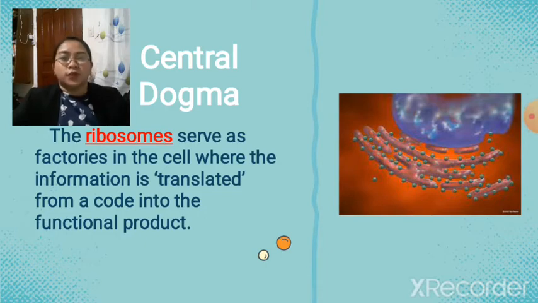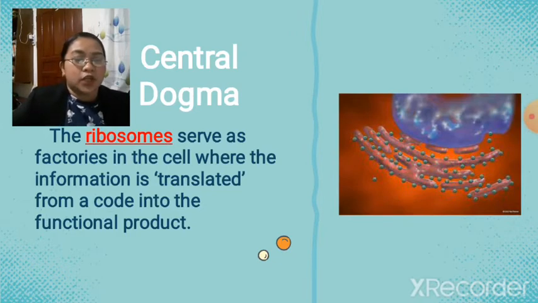So the ribosomes serve as factories in the cell where the information is translated from a code into a functional product. As you can see in the picture right here, ribosomes are like dots, the green dots.